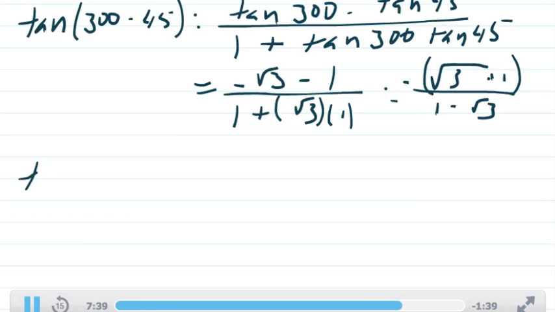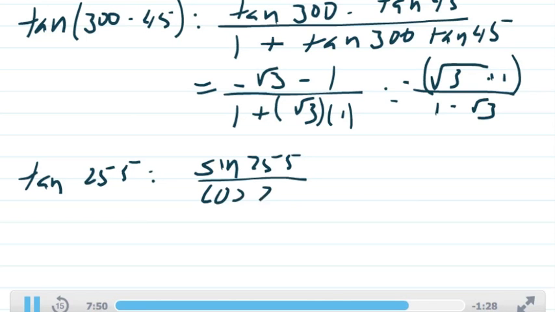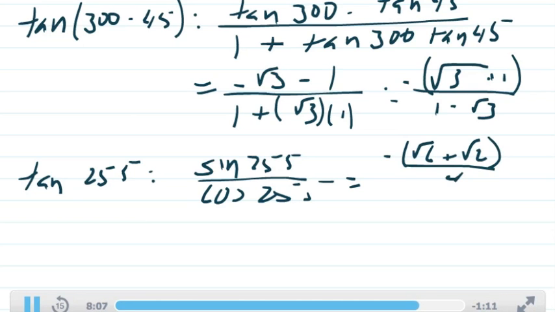But another way of doing this is to say that tangent of 255 is equal to the sine of 255 over the cosine of 255. And we just calculated both of those. We said the sine of 255 is a negative square root of 6 plus square root of 2 over 4.